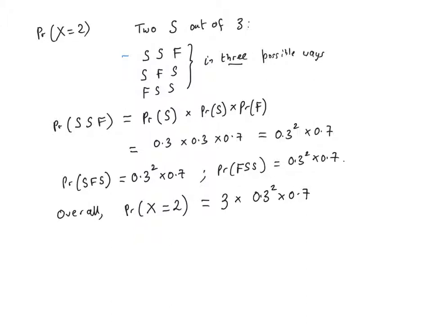So another way to think about that is I'm adding up these 3 probabilities, 1, 2, 3, corresponding to the 3 possible outcomes, 1, 2, 3. And therefore, that gives us the probability that we have exactly 2 successes out of 3. Now, this number here, 3, is the number of ways that 2 places for S can be chosen.